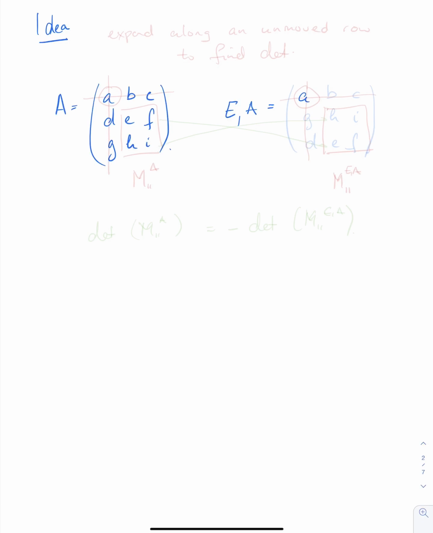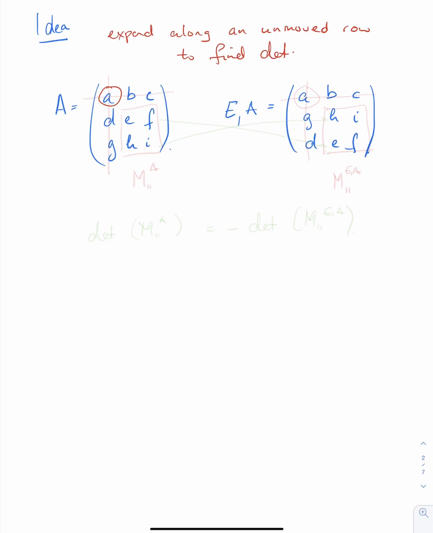So this is going to be A, B, C, G, H, I, D, E, F. What we're going to do is expand along an unmoved row to find the determinant.